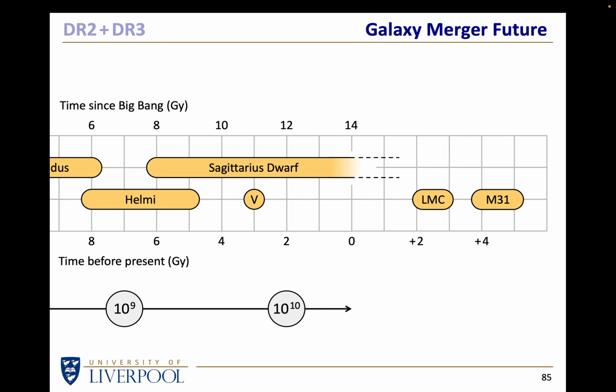Despite being 2.5 million light years away, it is still possible for Gaia to see a small shift as the Earth moves around the Sun by 1 astronomical unit, even though the stars in the Andromeda Galaxy are thousands, if not hundreds of thousands of times further away than our local stars in our galaxy.